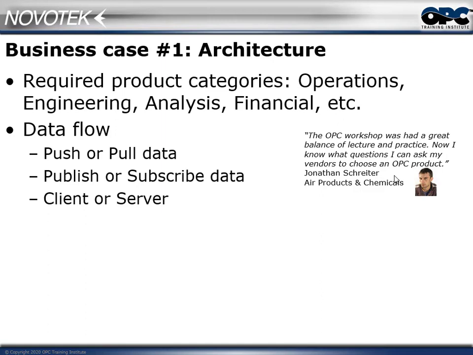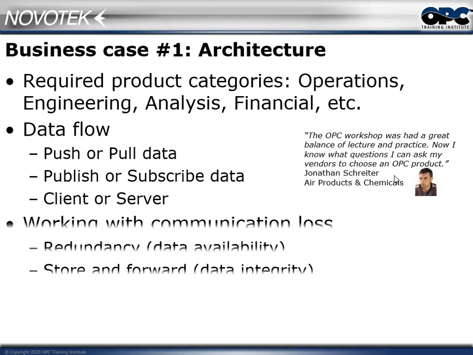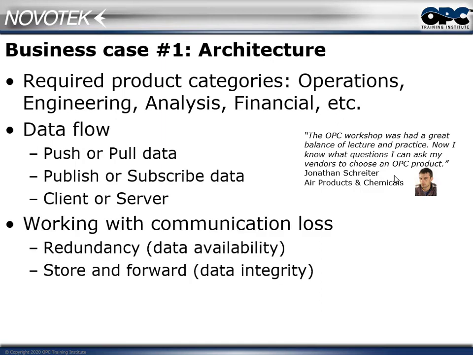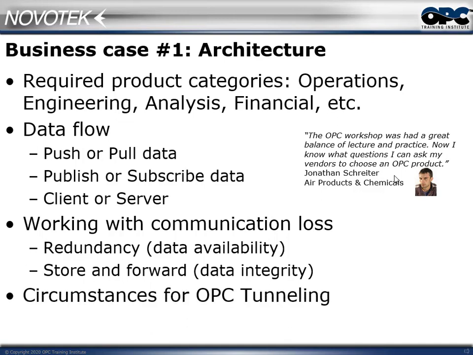How do you do the data flow? Is it push? Are you pushing data? Are you pulling data? Are you doing publish and subscribe, pub sub? Is it client server? What are the different architectural issues? And how do we work with communication loss with respect to redundancy? Again, getting at data availability or store and forward when we're talking about data integrity or reliability, or maybe you need both of those.